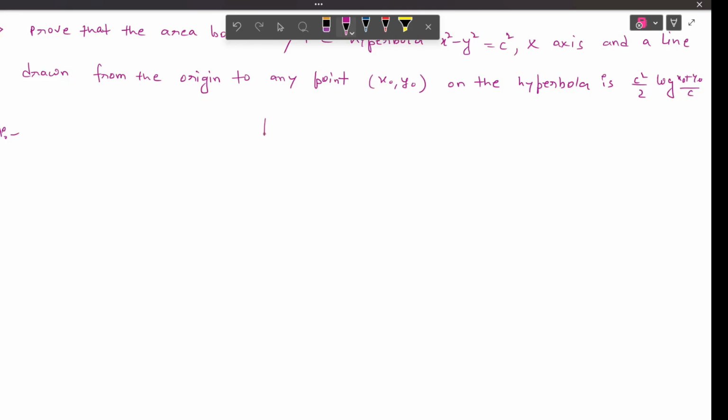So it is given that we have a rectangular hyperbola. This is the equation of the rectangular hyperbola. So the graph is this. This is the rectangular hyperbola. This is y, this is x.